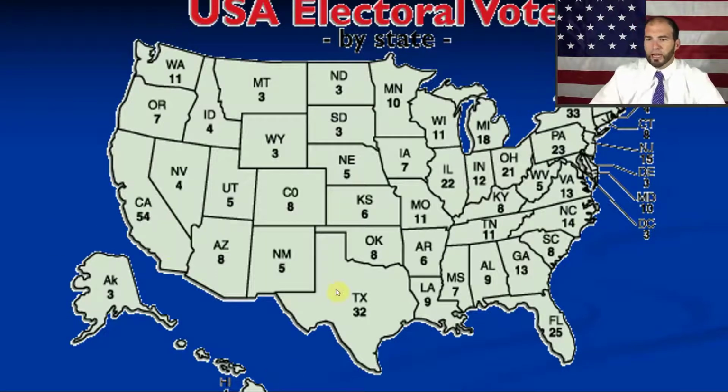We will say in Texas, 52% of the people voted for Donald Trump, and 52% of the people in Florida voted for Donald Trump. All right? It means 48% in Texas voted for Hillary, and 48% in Florida voted for Hillary. However, since Donald Trump won Texas, he gets all 32 votes. In Florida, he gets all 25 votes.